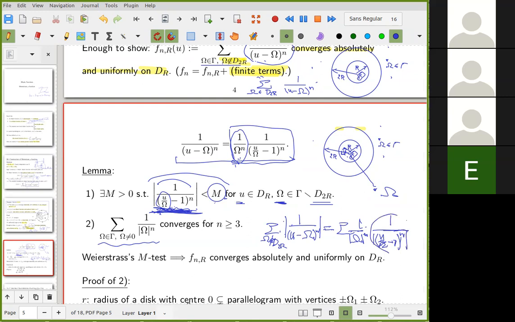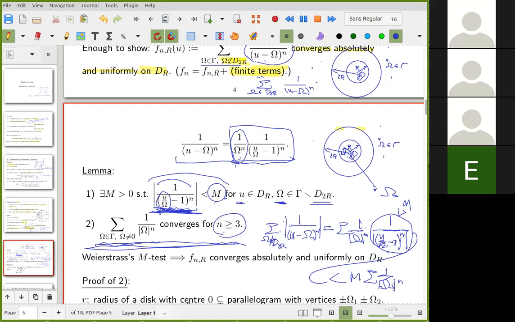This part is less than m, so it is less than this. And we can prove that such a sum converges when n is not less than 3.